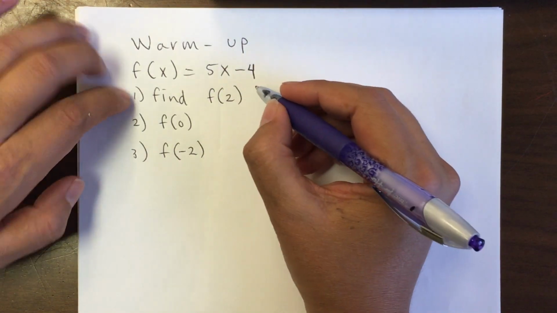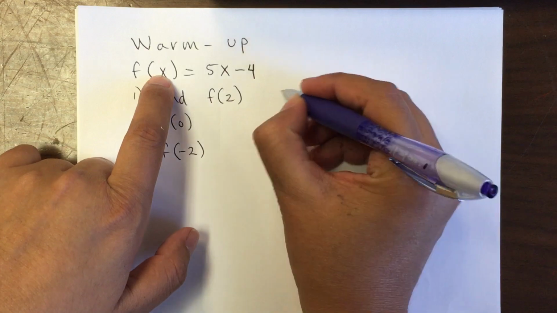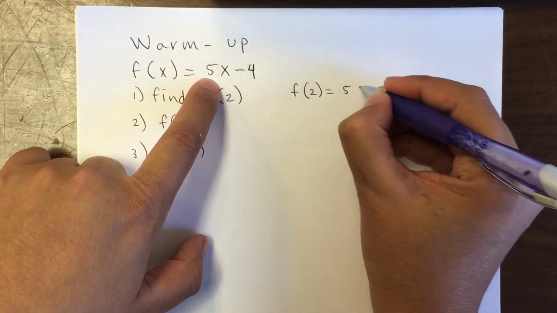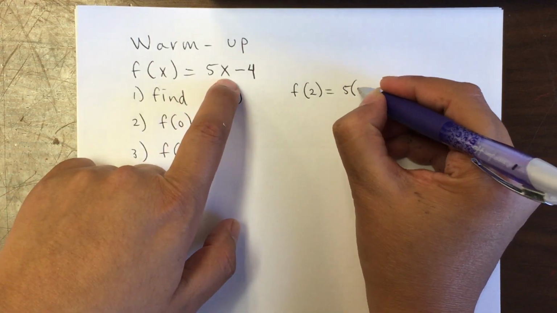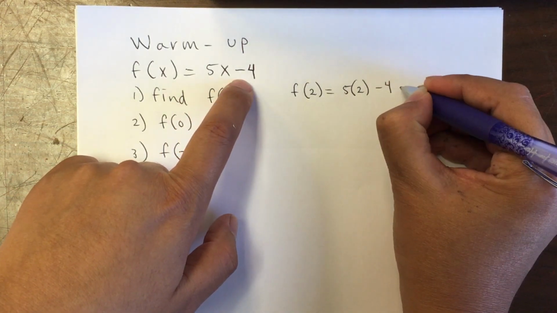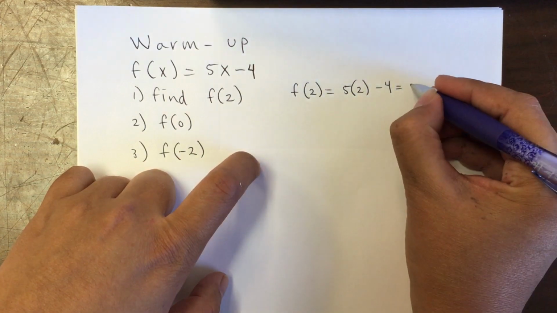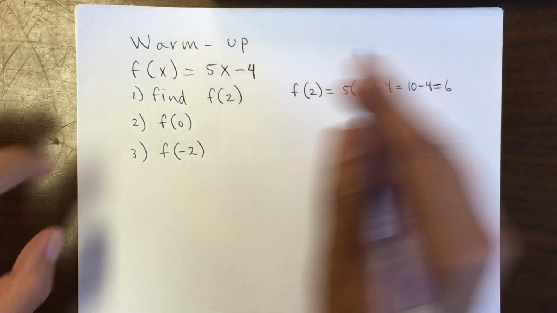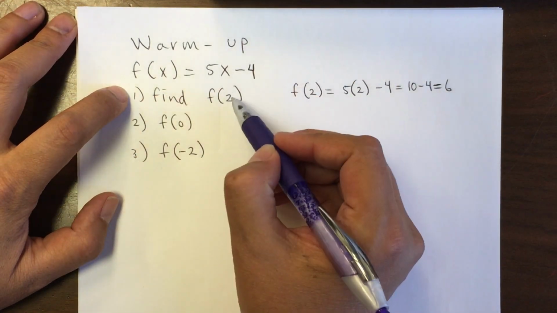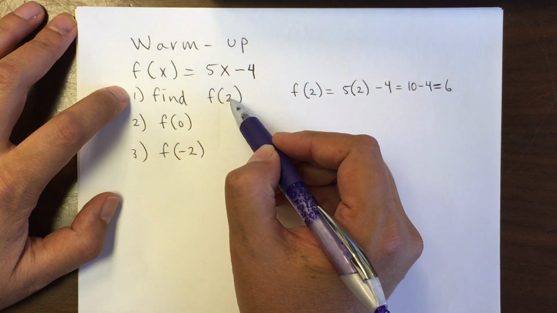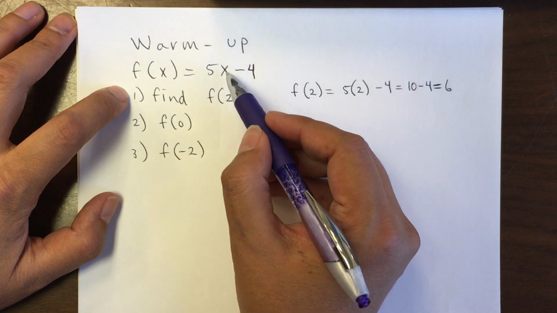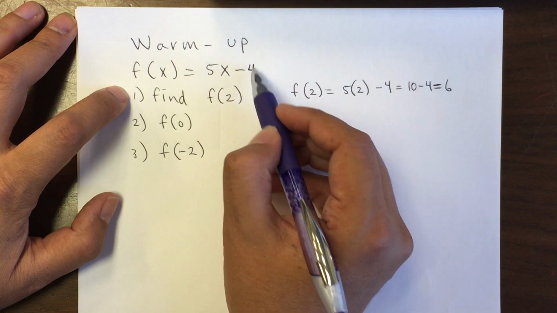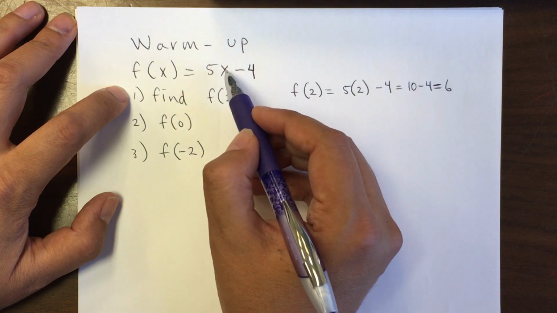So f of 2 basically just means that the 2 goes in here. F of 2 is equal to 5 times 2 minus 4. And so 5 times 2 is 10, minus 4 is equal to 6. What does that mean? If we're talking about money, I owe $4, I pay $5 every month.